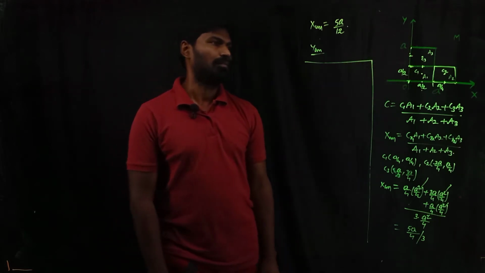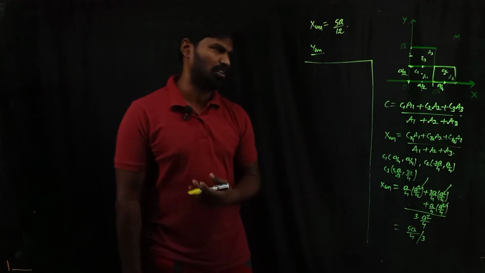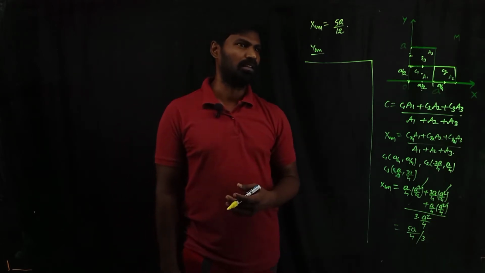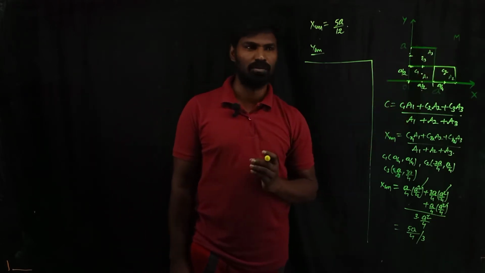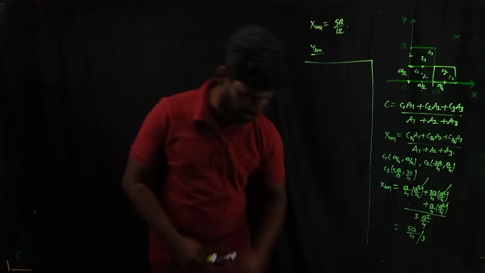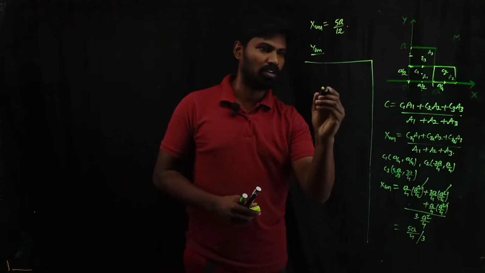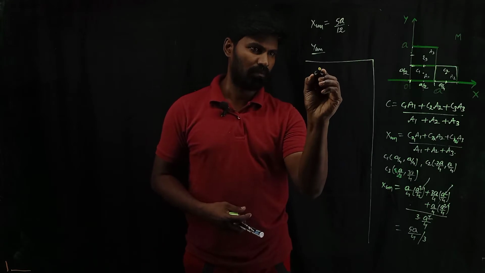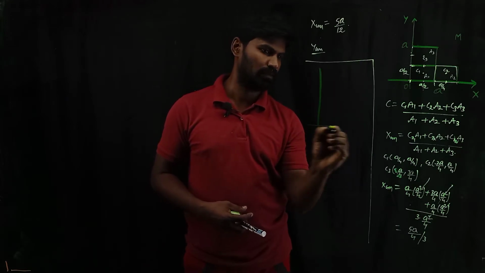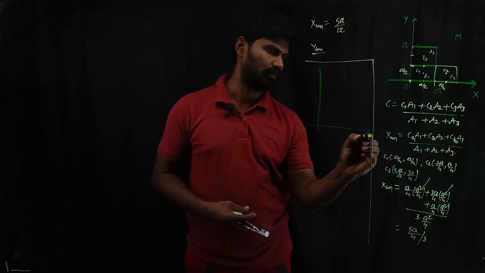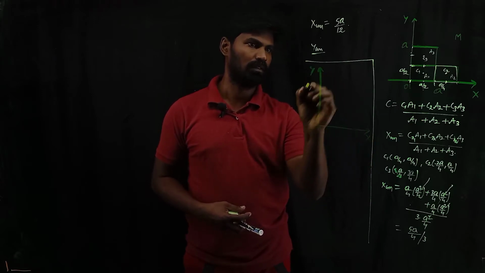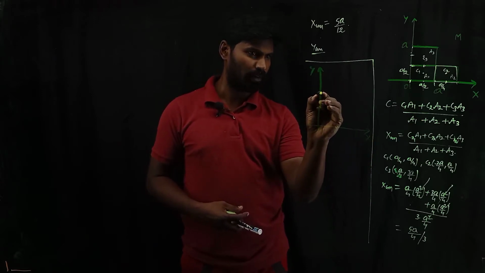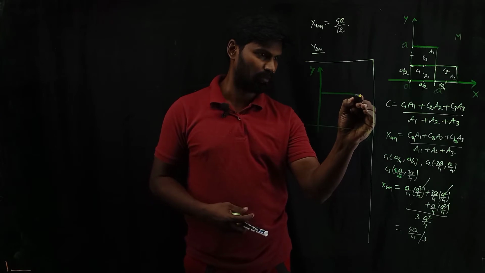Okay. Now, in some situations, the question may be framed like this. What if some portion is removed? For that purpose, I am drawing this diagram. Same configuration. I am taking this as the y-axis, this as the x-axis. Again, I am considering a square frame only.